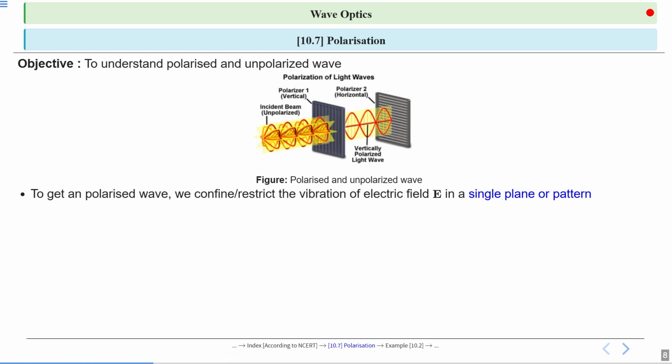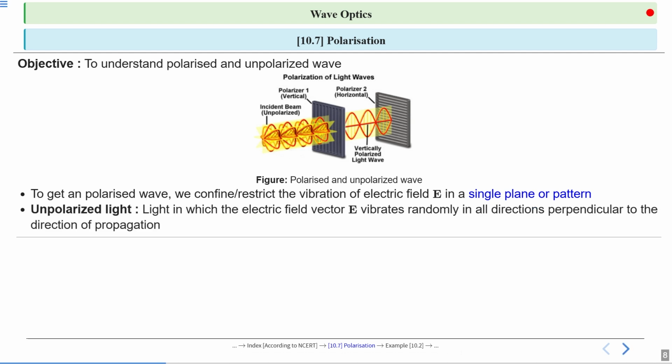In the diagram, after passing through polarizer 1, or a narrow slit, the vibrations are confined to only the vertical direction and all other vibrations are blocked. So that is a vertically polarized light wave. This means the wave's electric field is oriented in one specific direction. Imagine a wave moving through a narrow slit, allowing only vibrations in one direction to pass through.